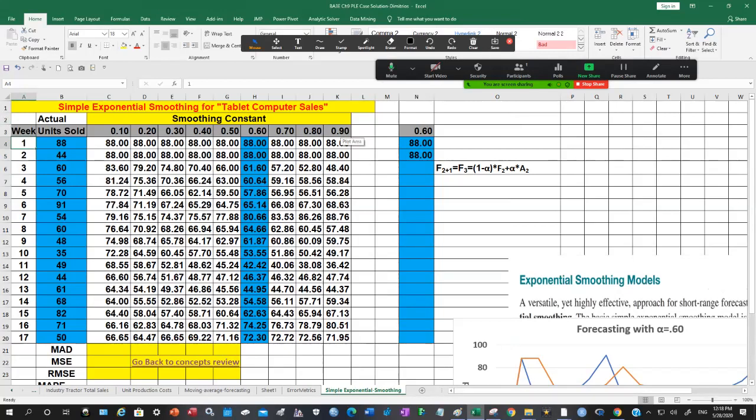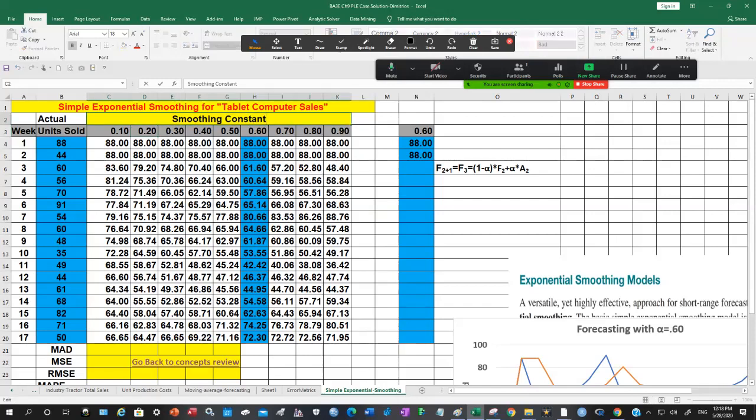We want to do simple exponential smoothing for the tablet computer sales, and we're doing this using various smoothing constants. So this is when alpha is 0.10, alpha is 0.20, and so on. This is alpha equals 0.6.